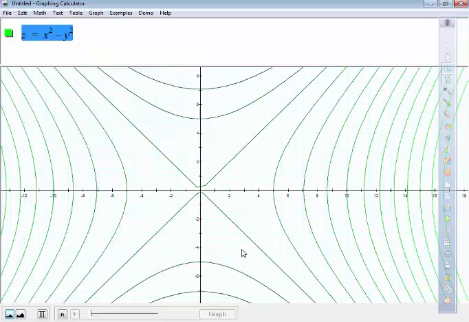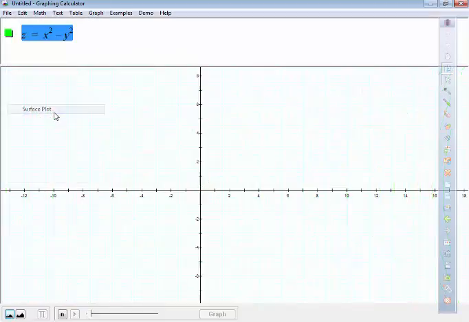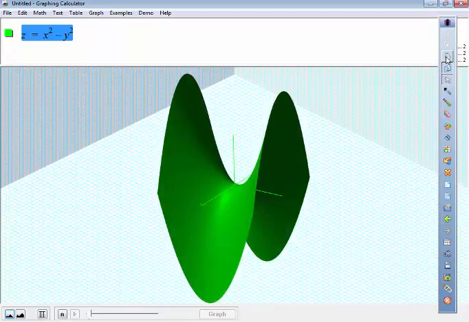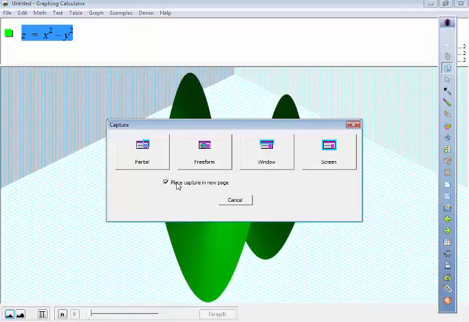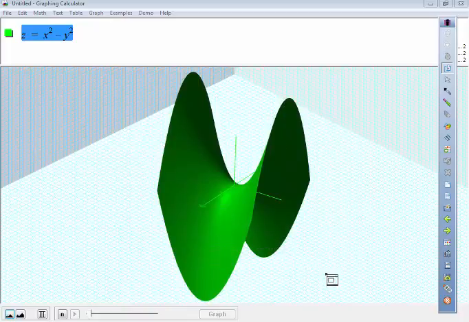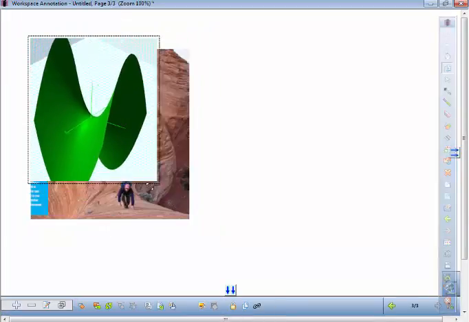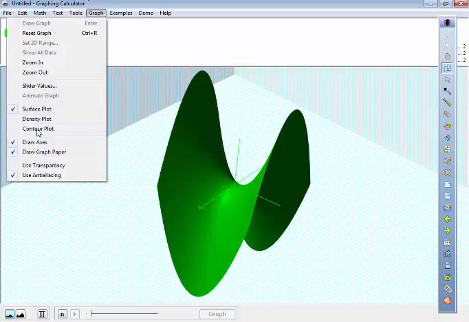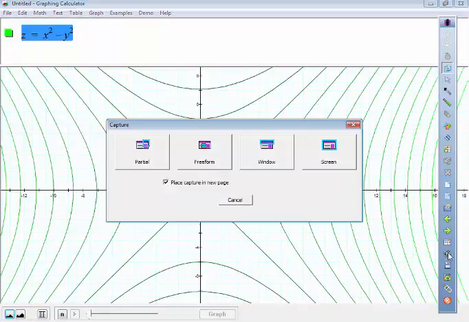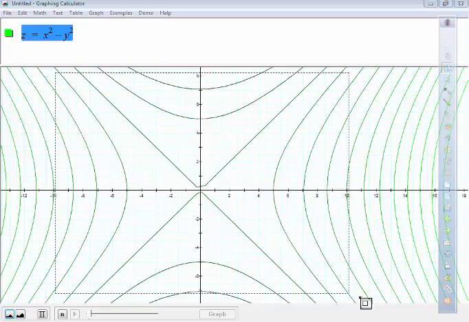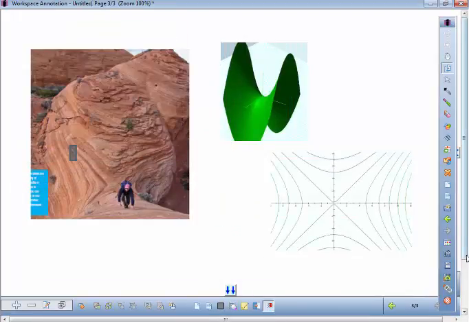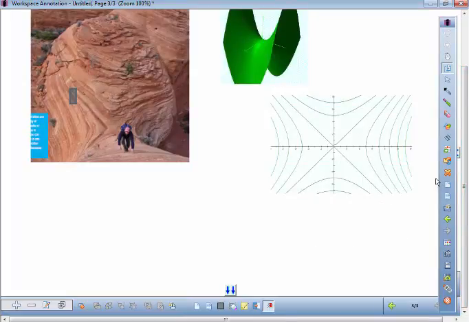If we compare that with the graph, first the saddle, and then the contour plots themselves, and then the density plot that gives you the different levels of the contour by color.